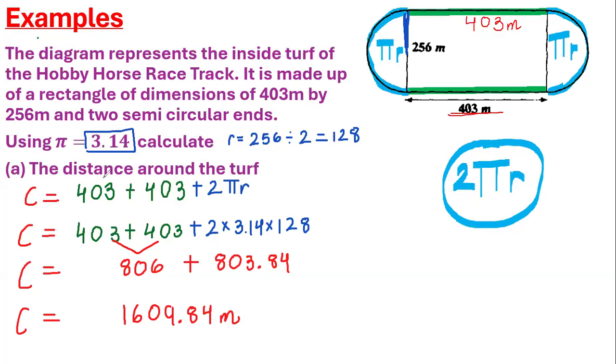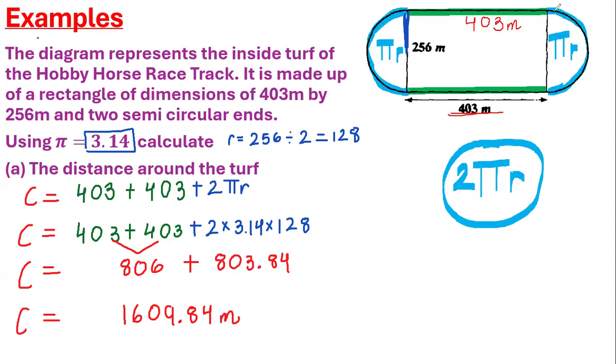All right, so let's do it. So this part, we're trying to find the perimeter or the circumference of the shape. And so we do 403, that's this one, and that's 403 right there. Now, the formula for the semicircle, as you can see, this is a semicircle right there, is pi r.